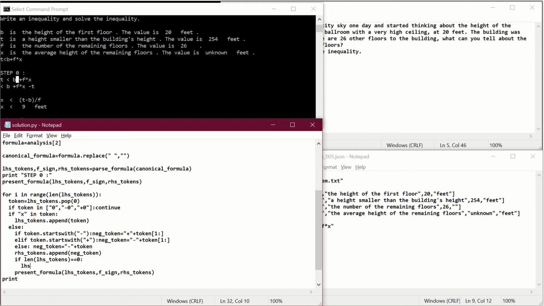I will say LHS tokens dot append 0. So I will put the 0, so I will never have a left hand side empty token.